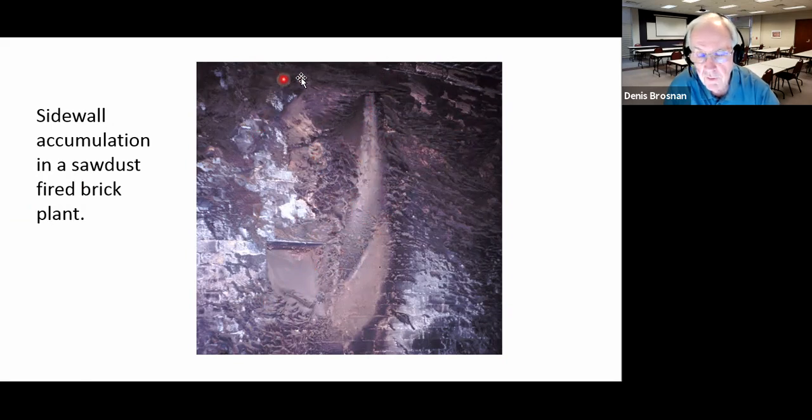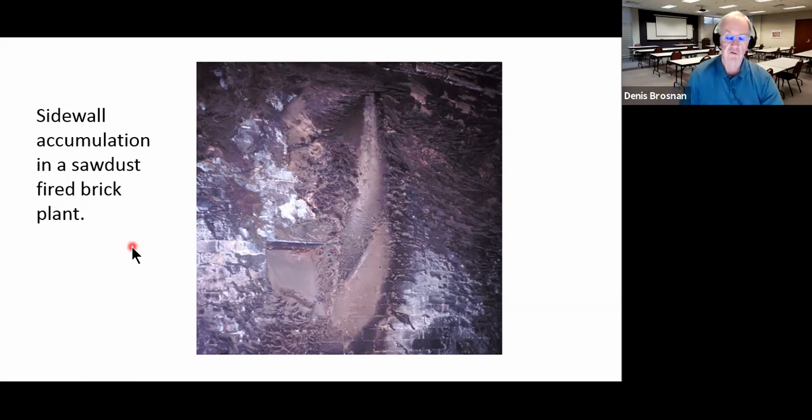So we see a black slag, if you will, or coating on the refractory. Of course, the products of combustion of the wood ash, the ash gets on the product as well. But so one of the problems is this buildup of slag on the product.